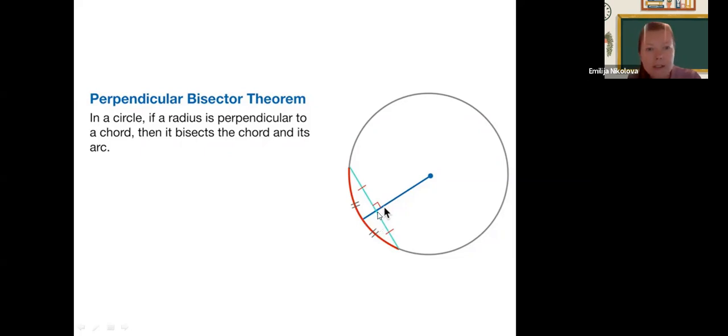So it means that this side and the other side are the same, as is given here. And the arc bisects into the 2 same arcs, because the radius is perpendicular to the chord. That means it's at an angle of 90 degrees.